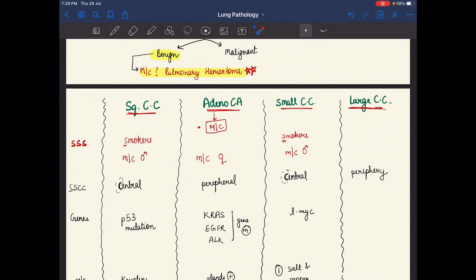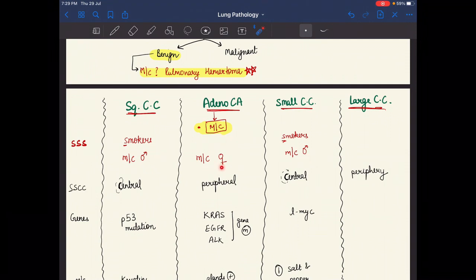So squamous cell carcinoma and small cell carcinoma, both S, are seen with smoking. Overall the most common is adenocarcinoma.